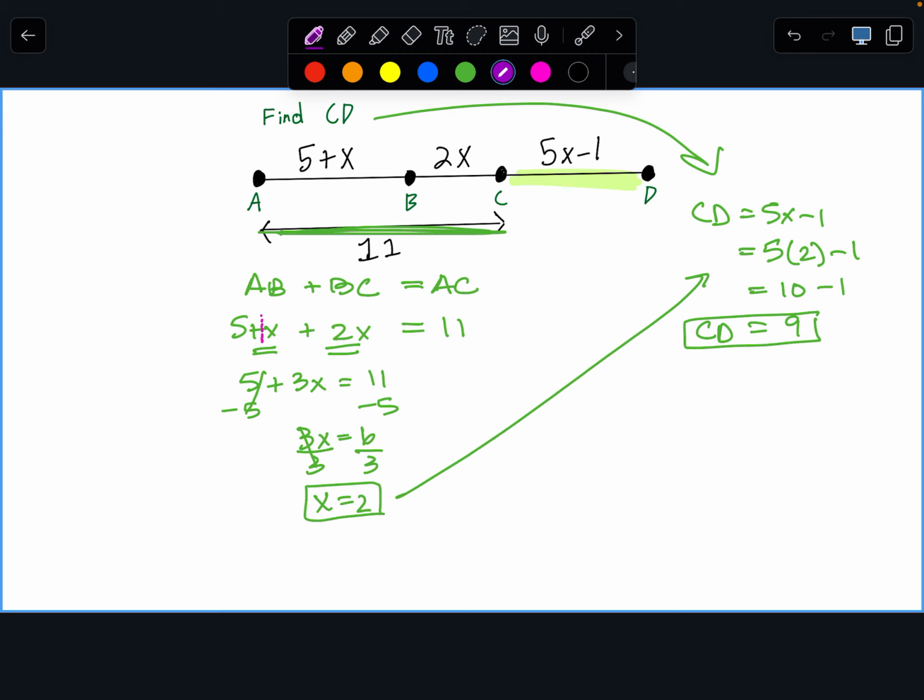Everybody ready for the next one? Nope. I don't want to cut it off too soon. All right. Good?